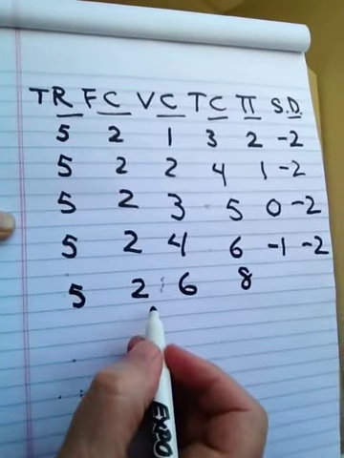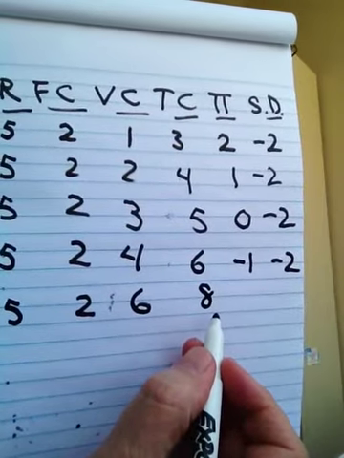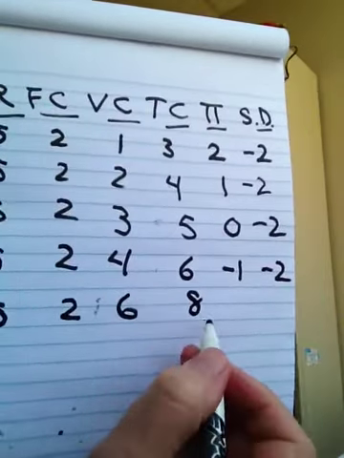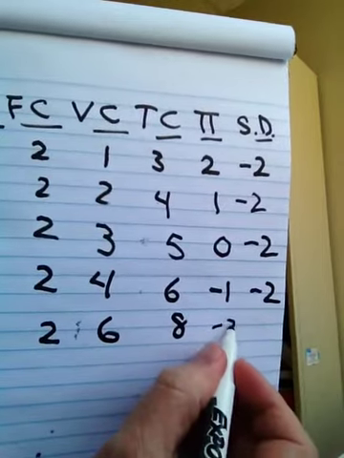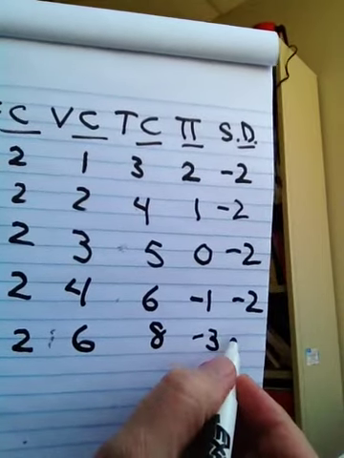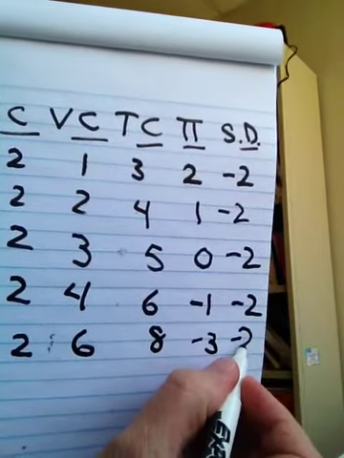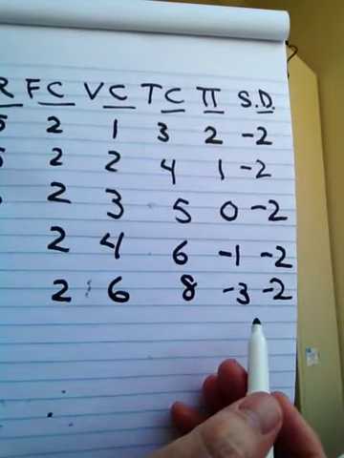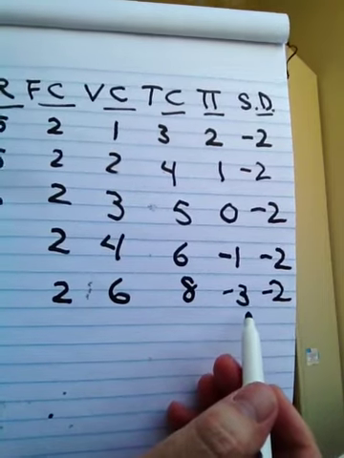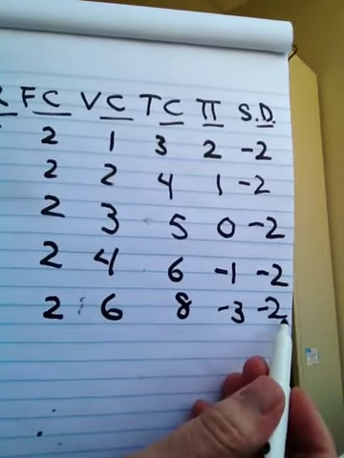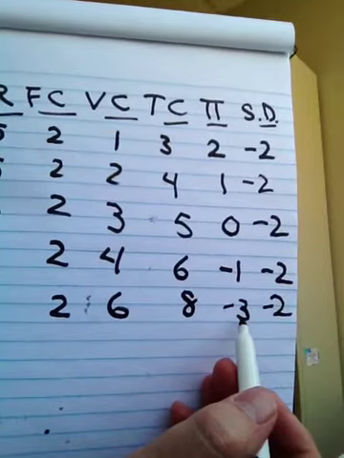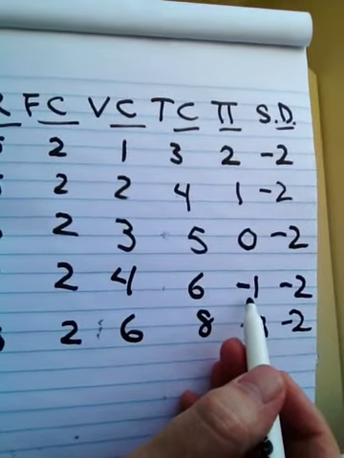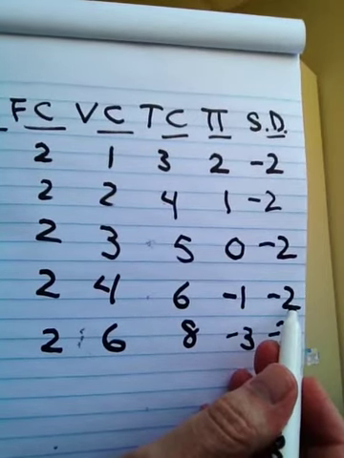What are the profits if you continue producing? 5 minus 8, minus 3. What happens if you shut down? -2. Notice here that it is prudent, financially speaking, to shut down rather than continue producing and taking those losses. Here, it's more prudent to take the losses rather than shut down.